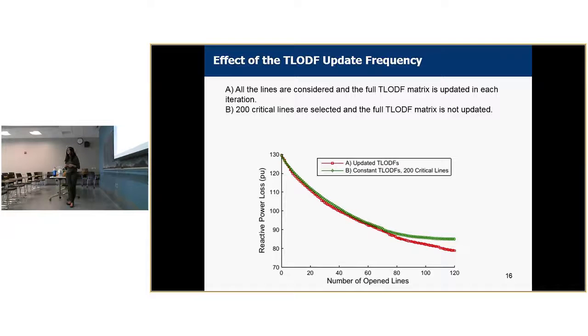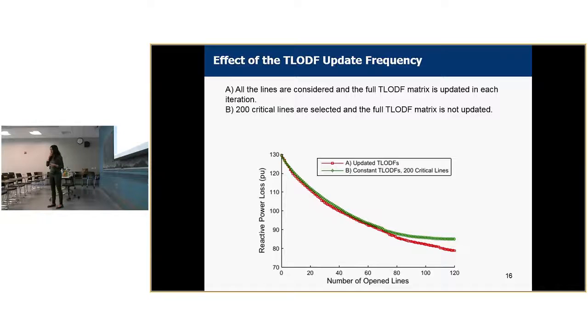So I got another question. With the TLODFs, if you computed them once for the system, when you open a line, do you know how sensitive the system is to change?